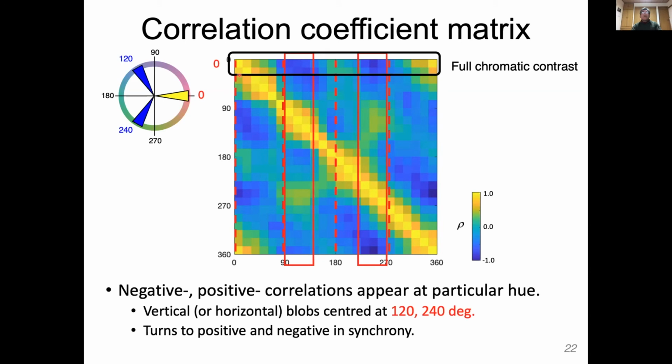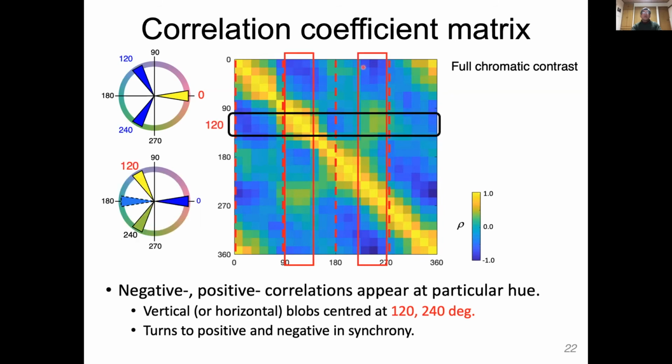This diagram shows the same result on a hue circle chart. When the 0-degree component shows a 1.0 correlation, the 120 and 240 degree systems, I don't know what they are, show a strong negative correlation.